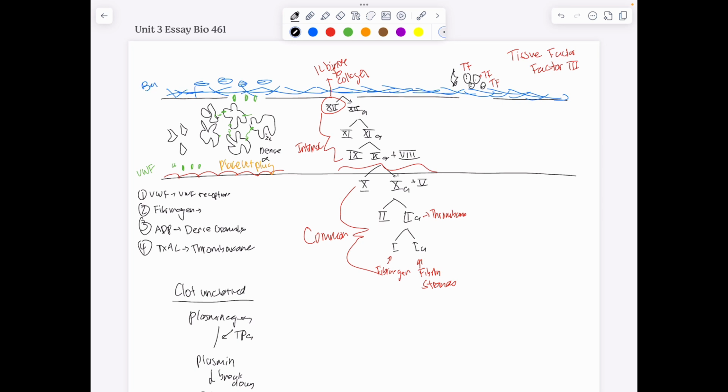This can have factor 7 bind, and then that becomes factor 7A, and then we go down here to factor 10, and then 10A. This is our extrinsic pathway. That is a little bit about how blood clots and the cascade of it, and that sums up this essay.